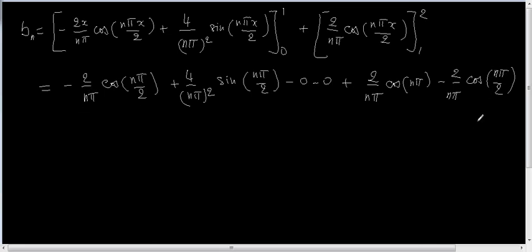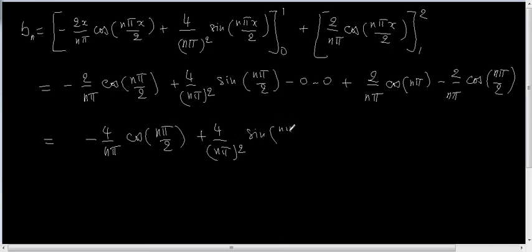The first and the last are the same, so Bn will be minus 4 over n pi cosine n pi over 2 plus 4 over n pi squared sine n pi over 2, and then plus 2 over n pi cosine n pi.